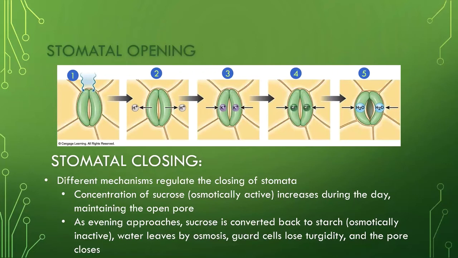So as sugars are being produced, the water moves out of the guard cell, and the guard cell just kind of withers and closes up. Okay. Then as the evening approaches, sucrose is converted back into starch, and the water leaves by osmosis again, and the pore closes.